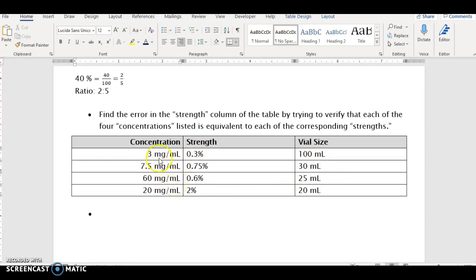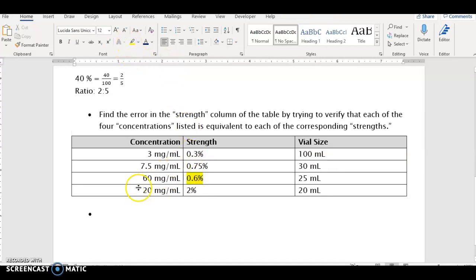For example, this matches up with this, right? This makes sense. 3 milligrams per milliliter would be a 0.3% strength. Likewise, 7.5 milligrams per milliliter would be a 0.75% strength, and 20 milligrams per milliliter would be a 2% strength. So it looks like this is the strength, that's the error in the problem, so we're going to highlight it.